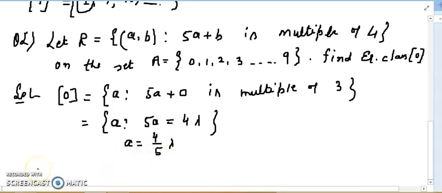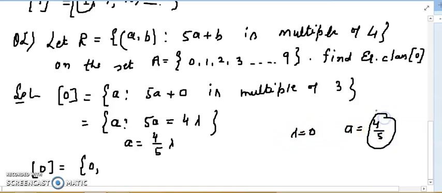So if I am taking lambda equal to 0, a comes out to be 0. It's correct, and 0 is a multiple of 4, so we can take it. If you take lambda equal to 1, a becomes 4 upon 5, and 4 upon 5 is not a multiple of 4, so lambda equal to 1 cannot be taken.